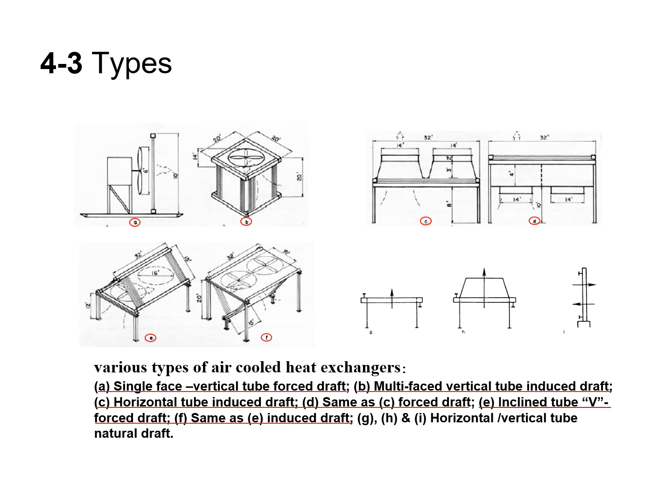Figures E and F display inclined tube V-shaped designs with forced and induced draft, respectively. Figures G, H, and I exhibit heat exchangers with either horizontal or vertical tubes operating under natural draft conditions.